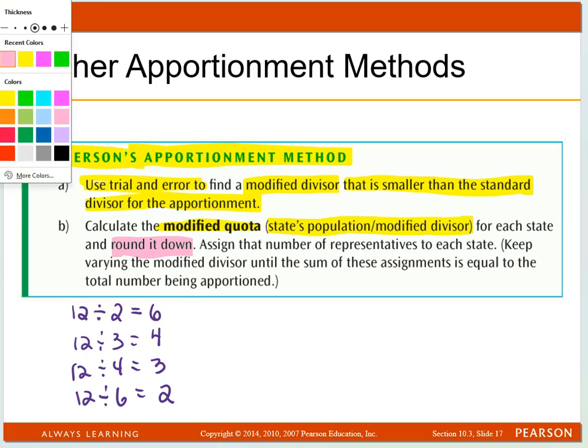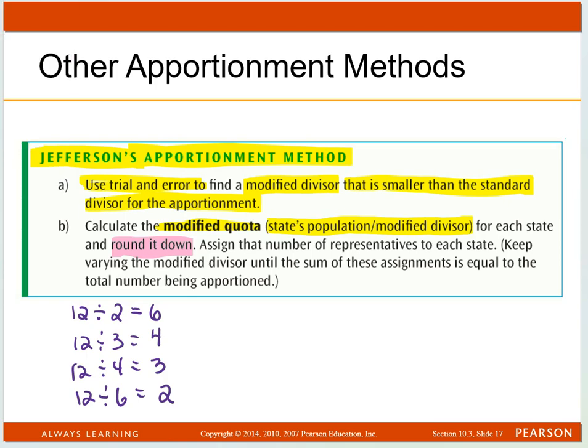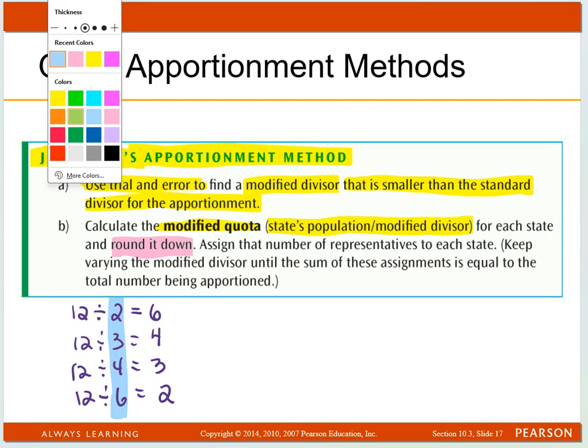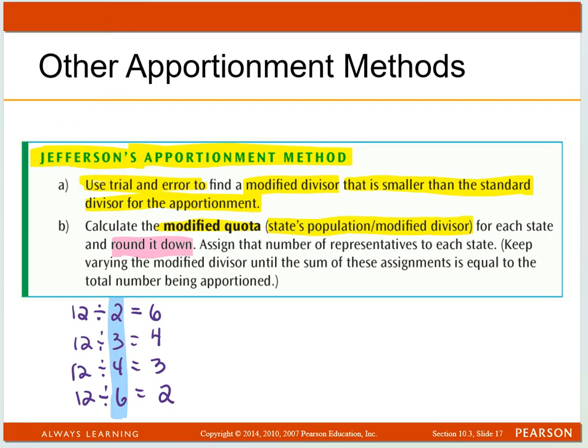Okay, when you look at what I'm dividing by, first I divided by 2, then 3, then 4, then 6. As the number that I am dividing by gets bigger, what's happening to the answers? They're getting smaller.